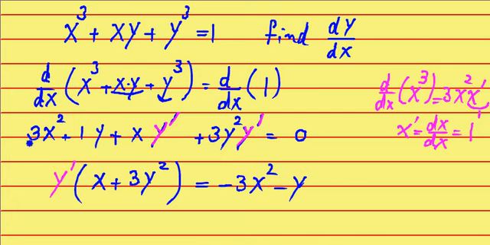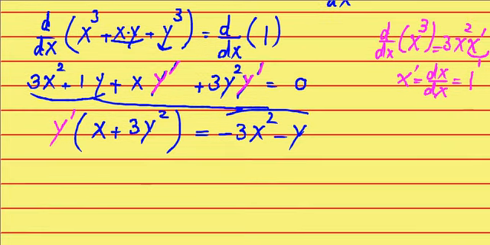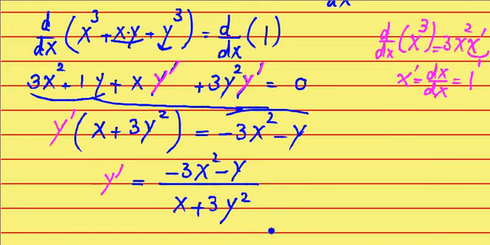So these two items just came here. Now I want to find y prime, so here's my y prime. Y prime is equal to, just divide the right hand side, minus 3x squared minus y divided by x plus 3y squared. That is our answer.